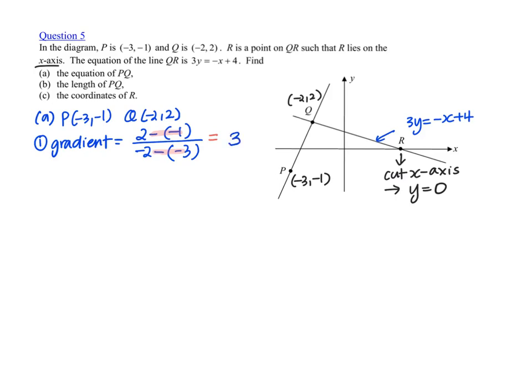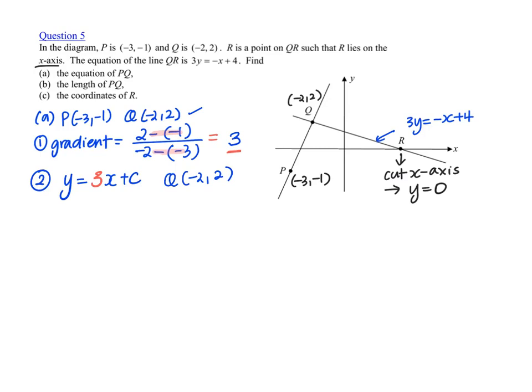The gradient is 3. So now if I know the gradient already, step 2, I need to find the y-intercept. So now the equation is y equals to mx plus c. The m is now the number 3. So the gradient is 3. And then what can I do? I can substitute any one point. So maybe I'll choose point Q. Q is -2, 2.